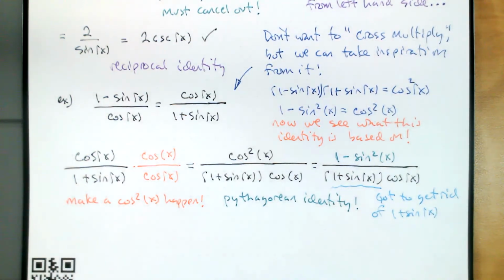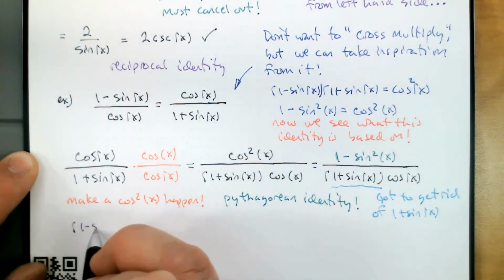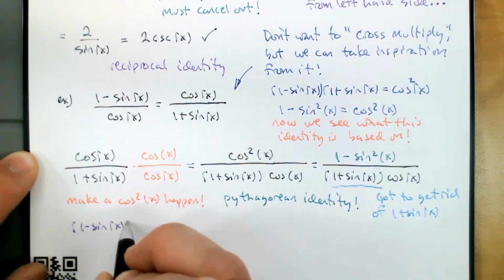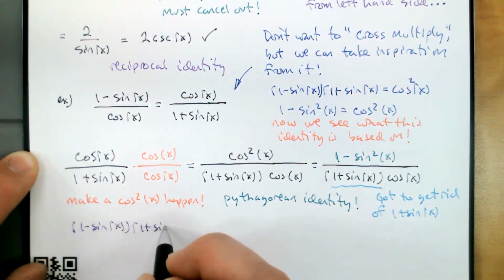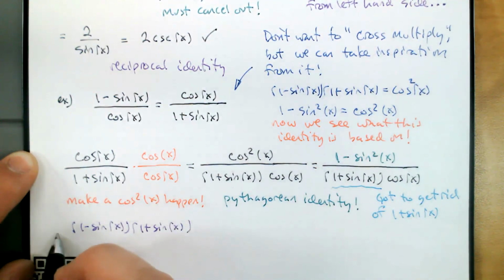And so this problem turns into the previous problem. I'm just going to factor the numerator to get rid of a 1 plus sine x. The numerator is 1 minus sine squared, so I can factor the numerator as the difference of squares. And algebra is happening.